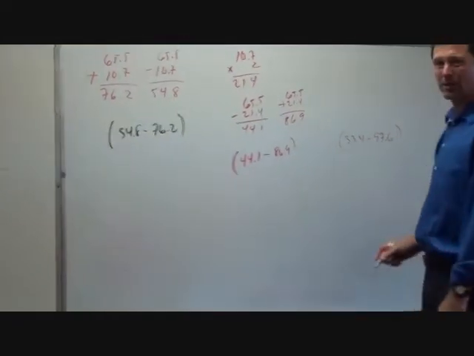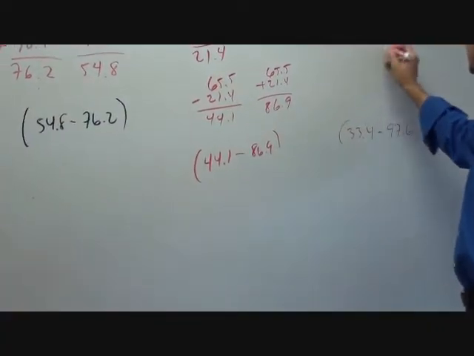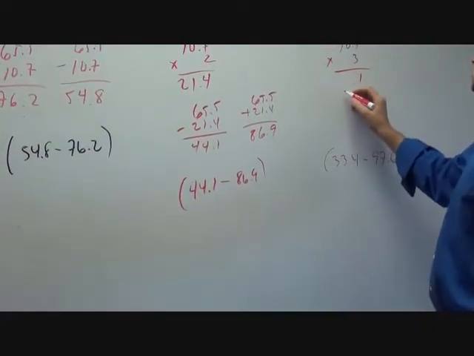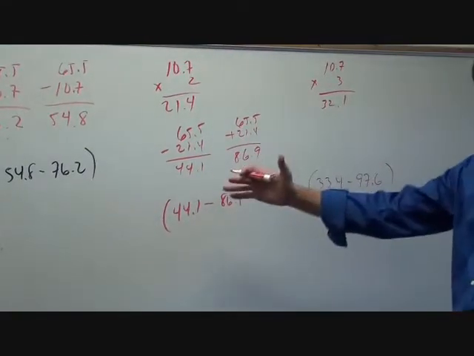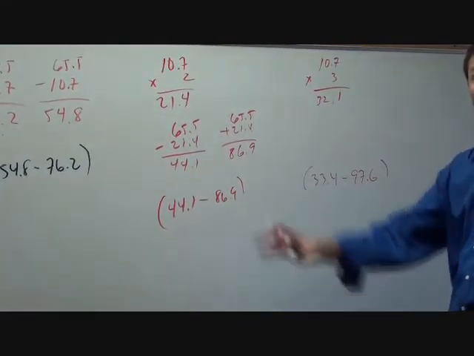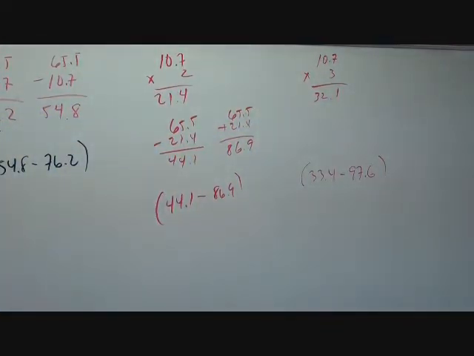Is that right? We took the 10.7, multiplied it by 3. What is that, 32.1? I add 32.1, subtract 32.1 to get my interval. About 99.7% of the data should be within that interval. In fact, all 100% were.